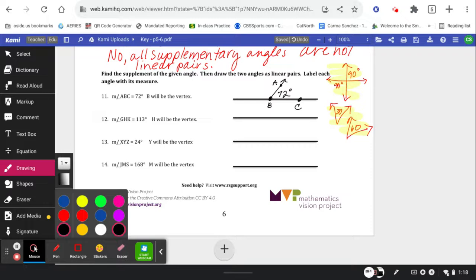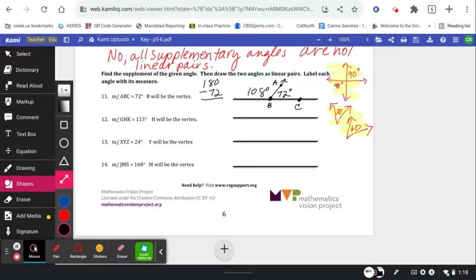And then I'd like you to find the supplementary angle to that. So do the 180 minus 72. I'm grabbing my calculator. And that gives us 108. So label each angle with its measure. Okay, we did. Next is measure of angle GHK.